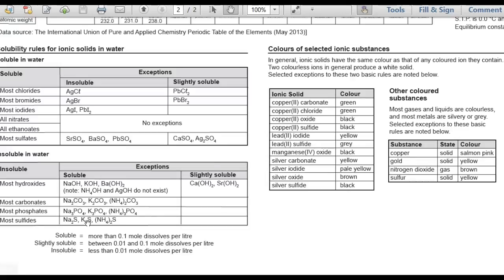So notice that soluble means that more than 0.1 moles will dissolve for every liter of solvent, which is usually water. Slightly soluble is between 0.01 and 0.1 of a mole, and insoluble means less than 0.01 of a mole will dissolve per liter. So insoluble doesn't necessarily mean that there won't be any ions in solution.